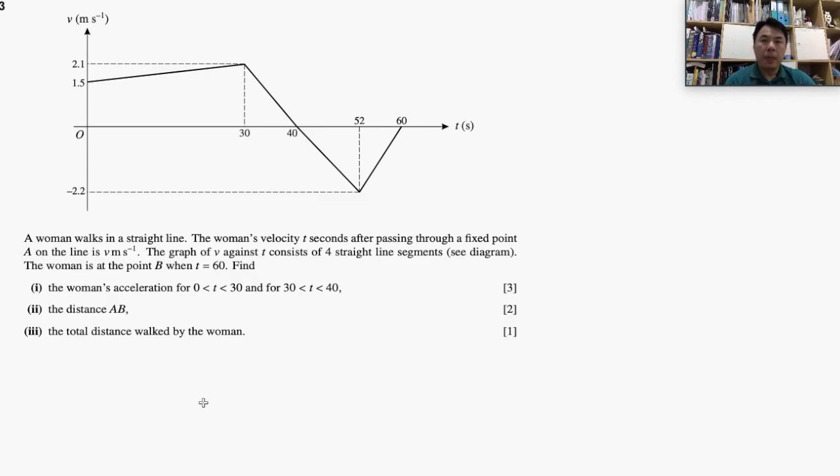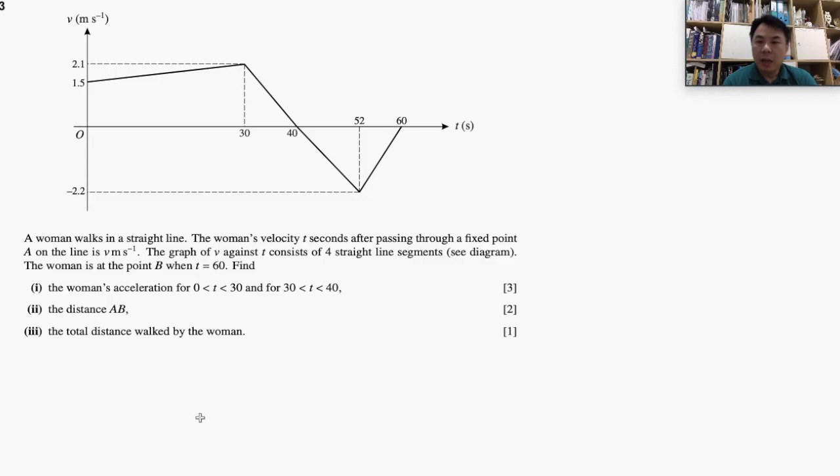Right now we are given again a velocity-time graph. A woman walks in a straight line. I'm not sure how straight that is, let's pretend that it's really straight. The woman's velocity t seconds after passing through a fixed point A on the line is v meters per second.